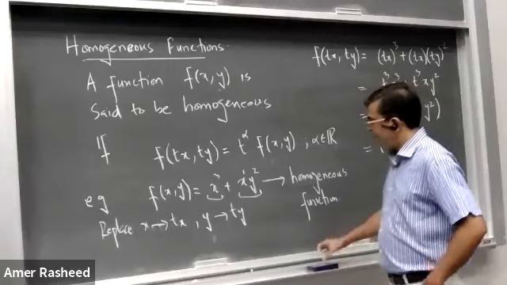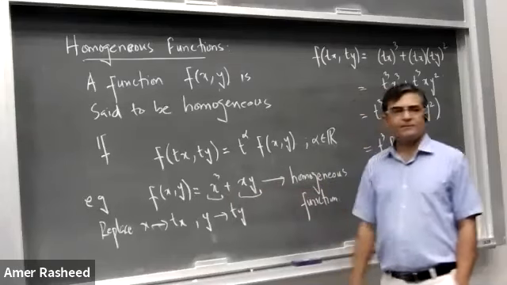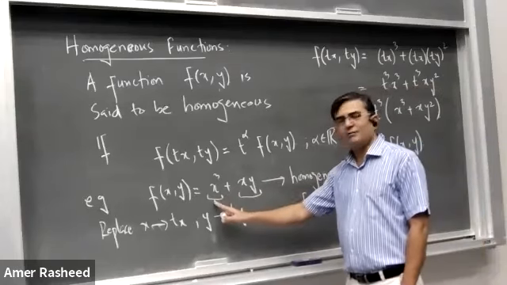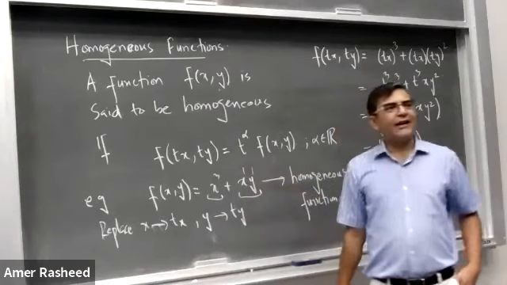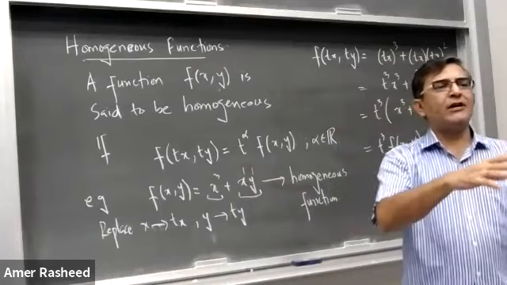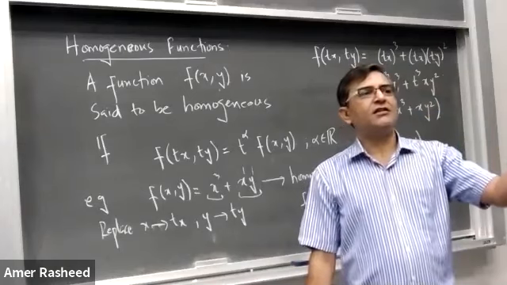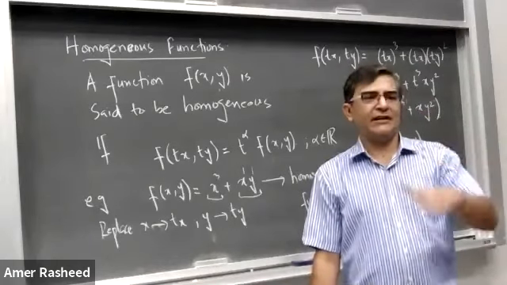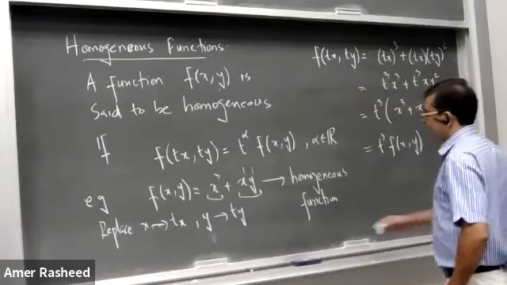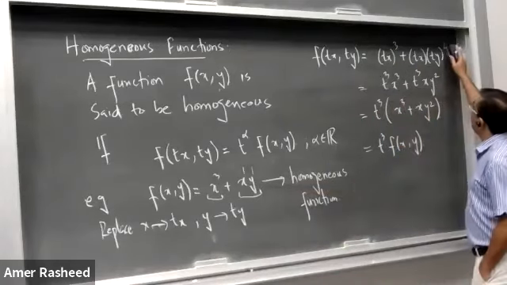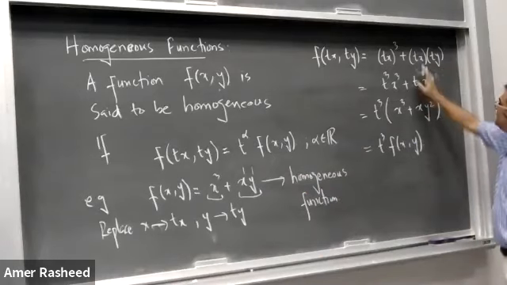For example, if I say this is the function x cubed plus xy, then what is the degree in the first term? It is 3. And what is the degree in the second term? It is 2. Then we cannot take t common out of each term, and we cannot obtain the original function after replacing x by tx and y by ty. Here, if we have xy, then we get t square.